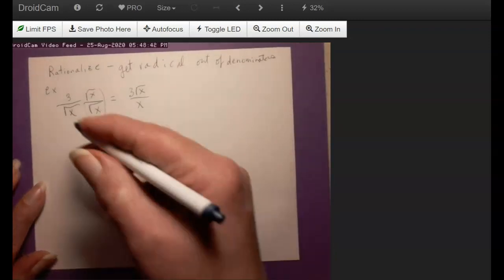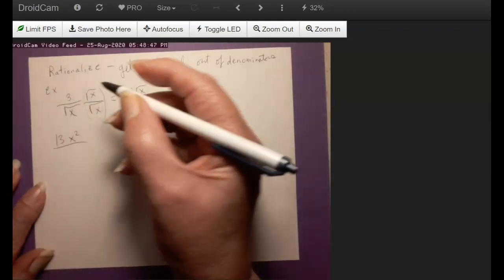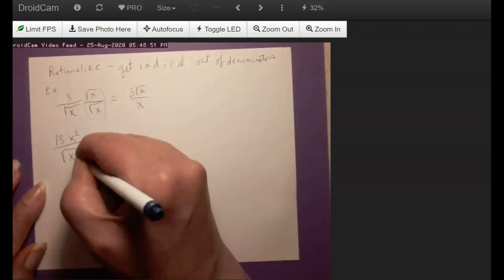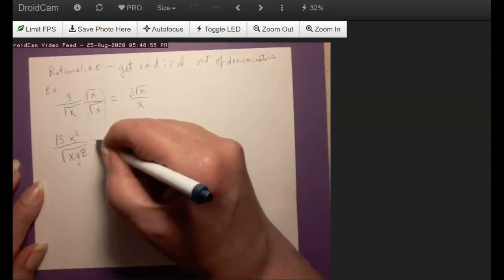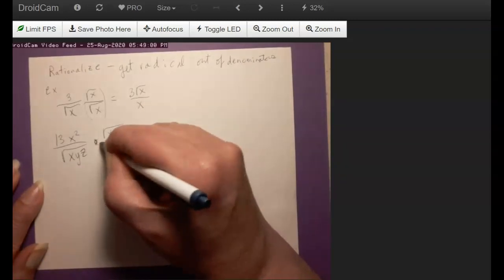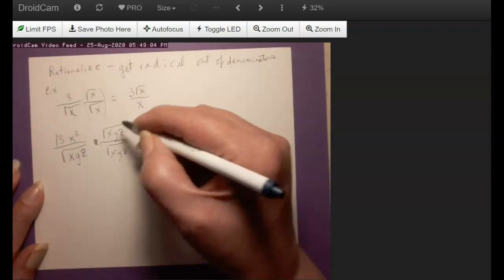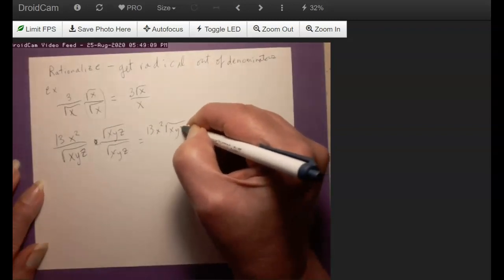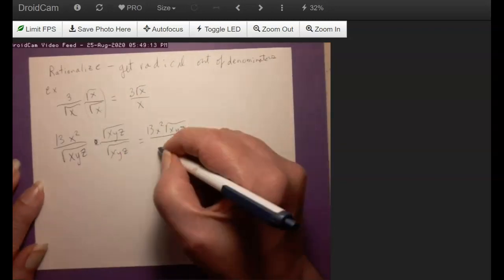If I have something a little fancier, let's do 13x squared over the square root of x, y, z. Then here I'm going to want to multiply by the square root of x, y, z. This I'm just going to multiply across 13x squared, square root of x, y, z. And then square root times square root is just going to pop the stuff out.